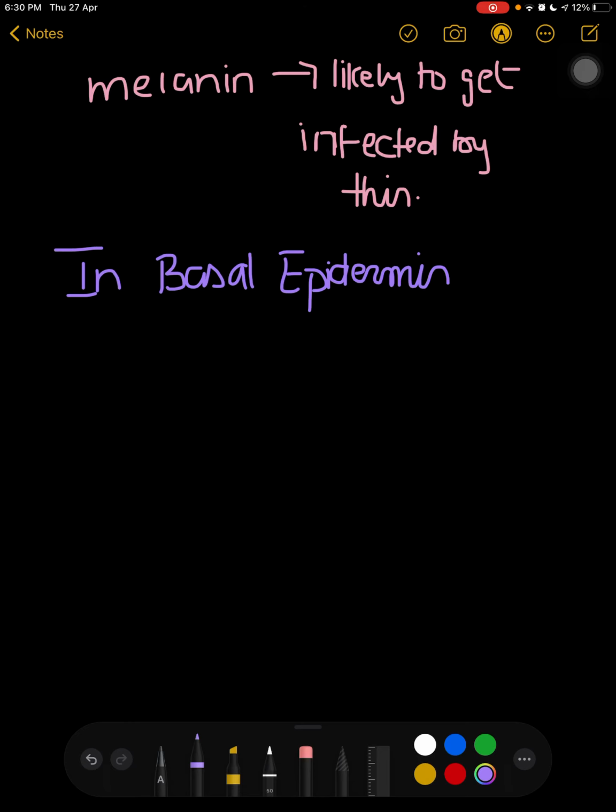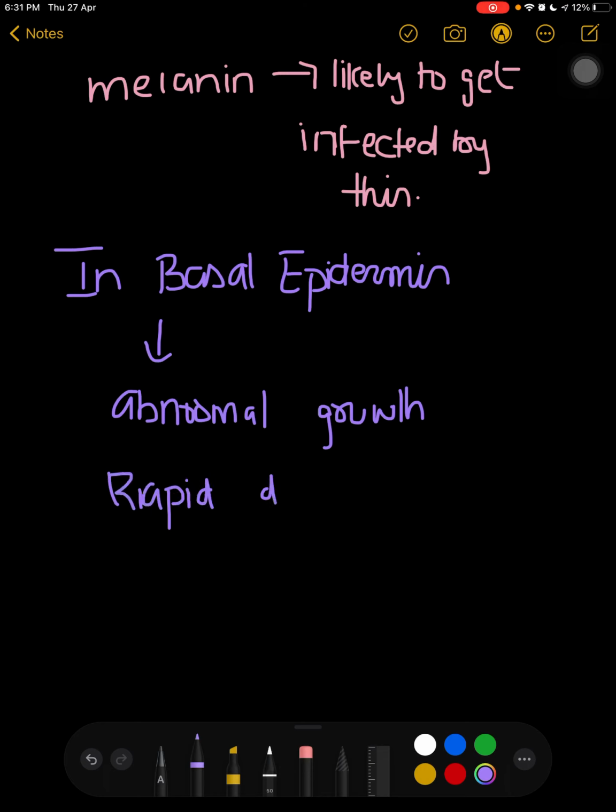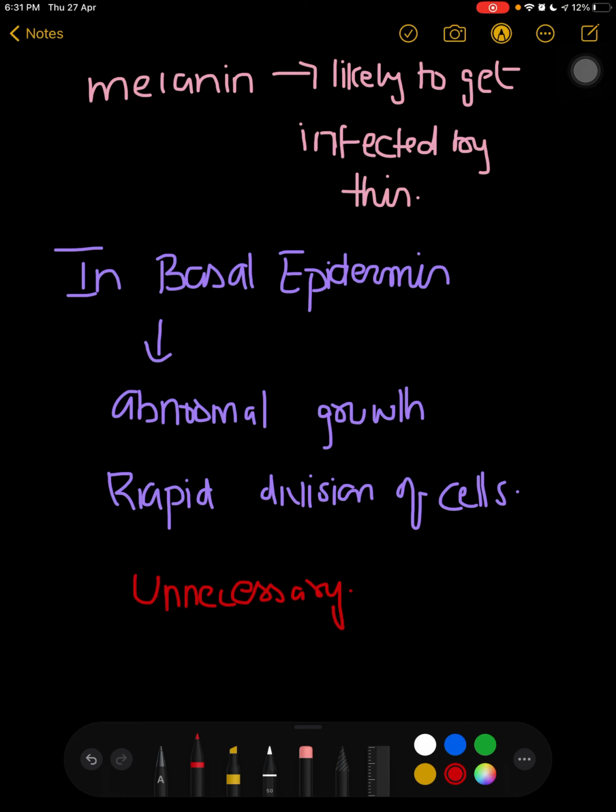In the stratum basale of the epidermis, there is abnormal growth, a rapid division of cancerous cells in the basal epidermis. The development of cells is very unnecessary, and that causes the tumor. The abnormal growth, or rapid division of cells in the basal epidermis, causes unnecessary growth.